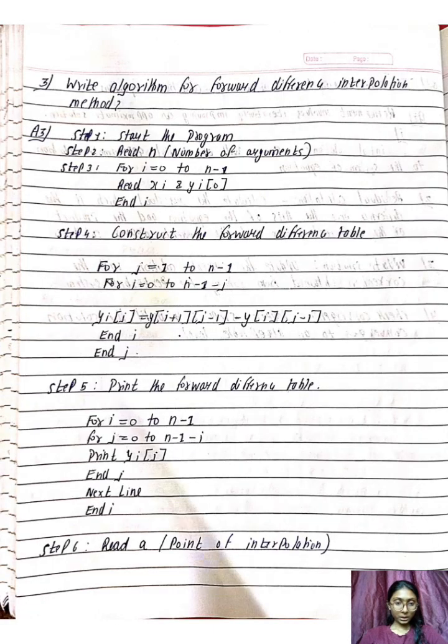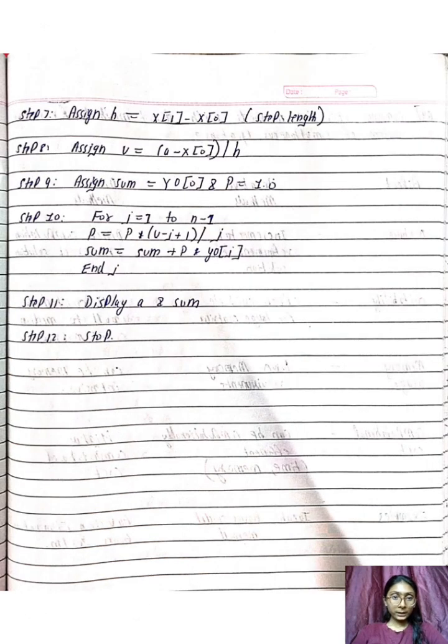And in this step 6, read a point of interpolation. And in this step 7, assign h equals x of 1 minus x of 0, the step length. And in this step 8, assign u equals a minus x of 0 divided by h. And in this step 9, assign sum equals y of 0, 0 and p equals 1.0.